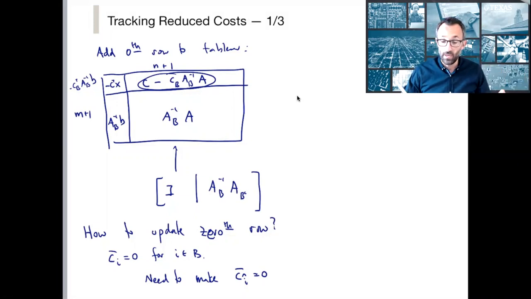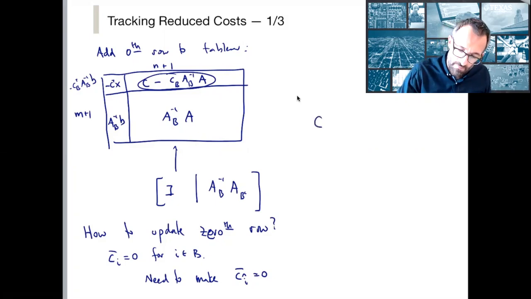And so what we need to do is make sure that in the new basis, that is now 0. We know that if we found the new basis using all the techniques we did before, computed the inverse of A, etc., this would work. But we would like to do that more efficiently.